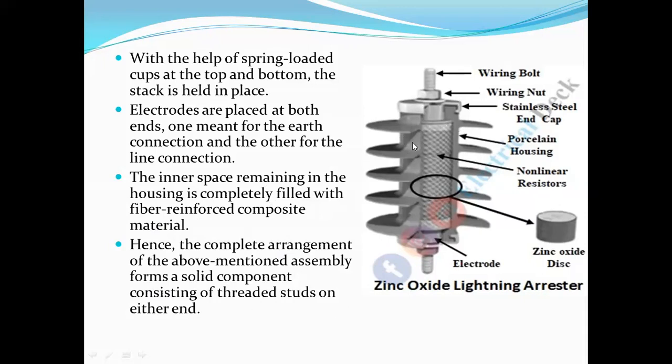So every gap is filled with some material, so it is forming a solid component. No gap is there. Everything is solid here, consisting of threaded studs on either end.